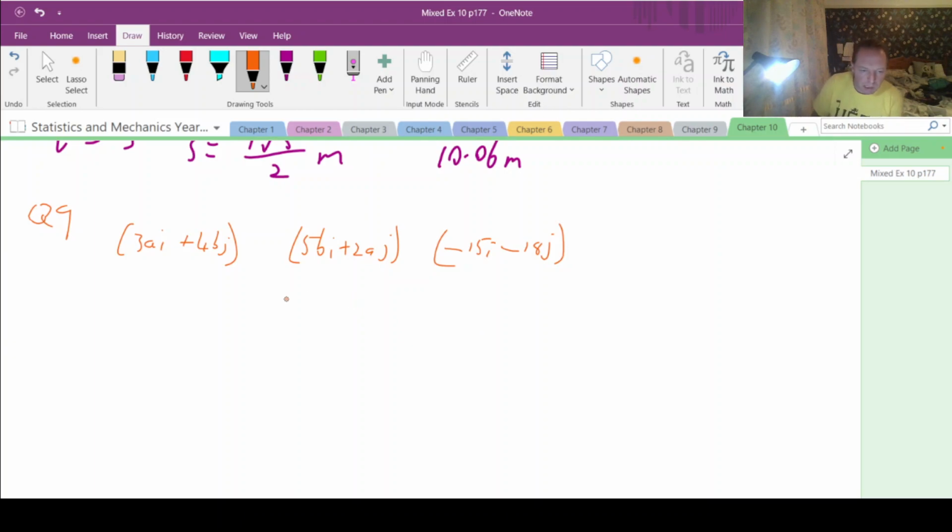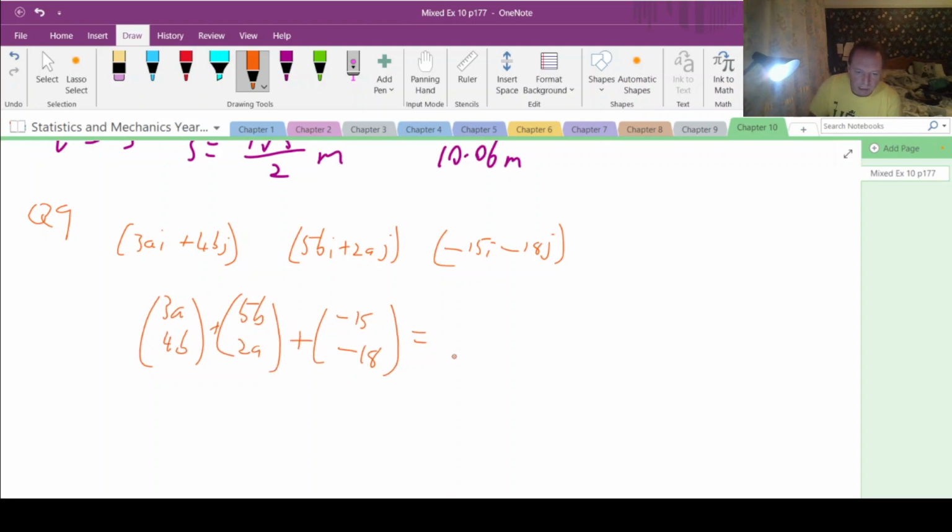Okay, so all of these are acting together, so they should all add up to 0. Let's just do this in column format: 3a and 4b, added to 5b and 2a, added to minus 15 and minus 18 in the j direction, is equal to 0, 0.